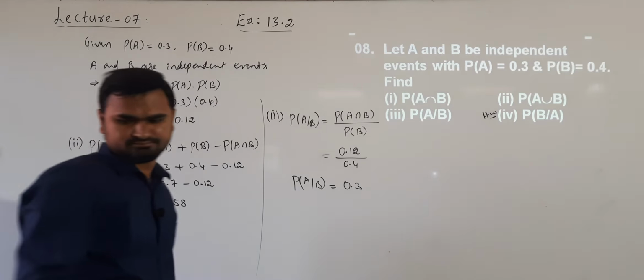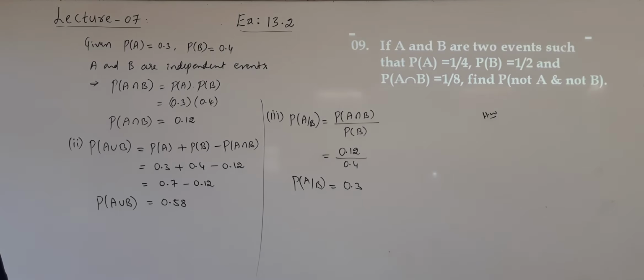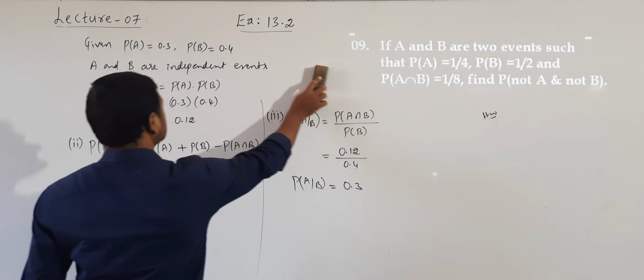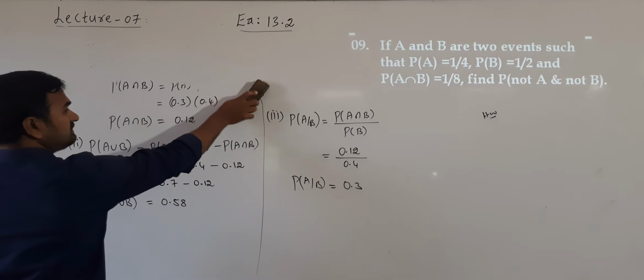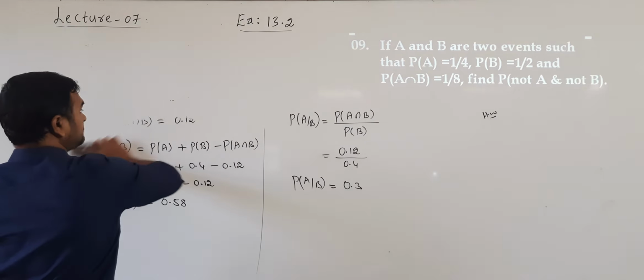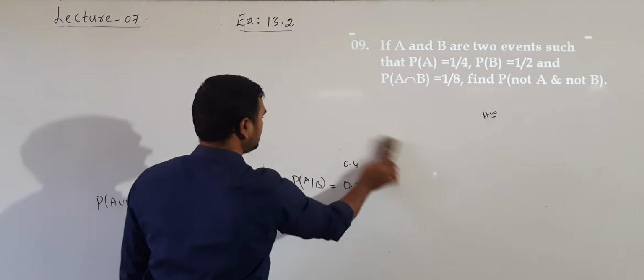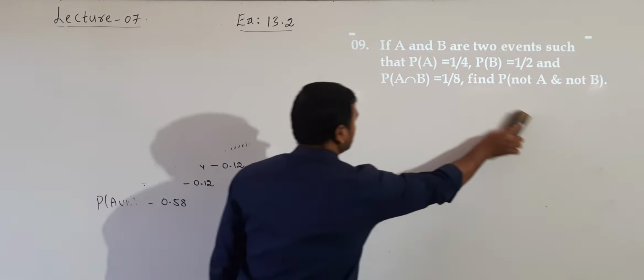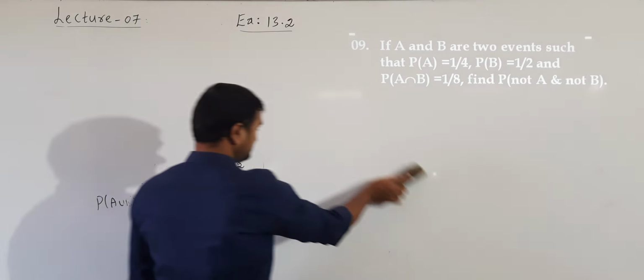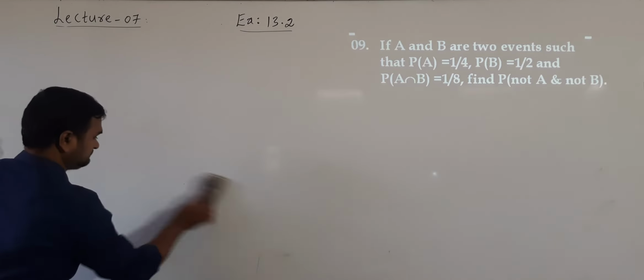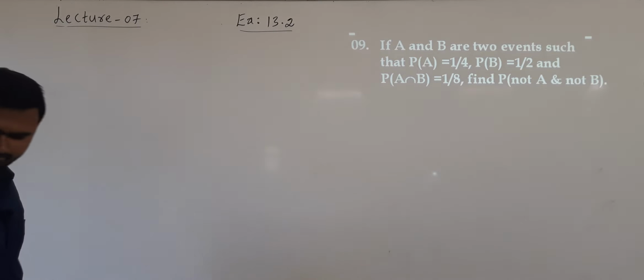Next, if A and B are two events such that P of A is given, P of B is given, and P of A intersection B is given, then find P of not A and not B. So again, notation based problems are important.